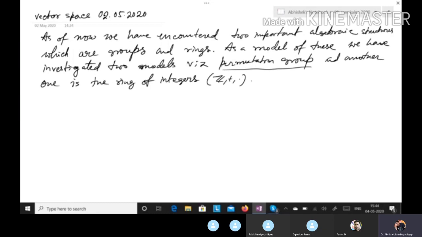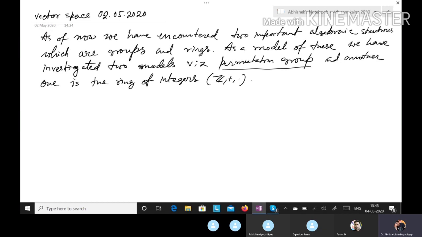And we face problems that deal with a set in which it is very interesting to study linear combinations of objects.